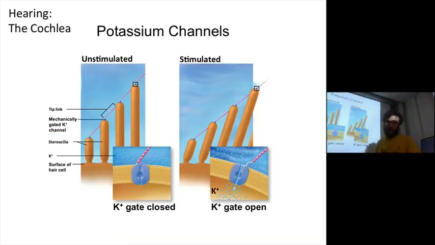In the hair cells themselves, here we have a mechanically gated potassium channel, closed. It is connected via these linking proteins to the adjacent hair nearby, and when you tip this whole line of hairs over, this linker protein is going to rip open the door and allow potassium to flood in.